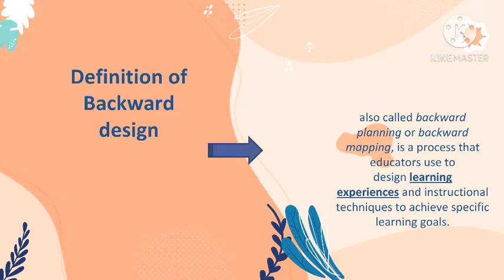Backward design gives educators a structure they can follow when creating a curriculum and planning their instructional process. Advocates of backward design would argue that the instructional process should serve the goals. The goals and the results for students should not be determined by the process.